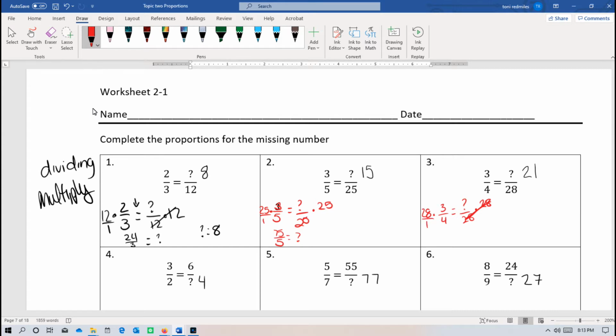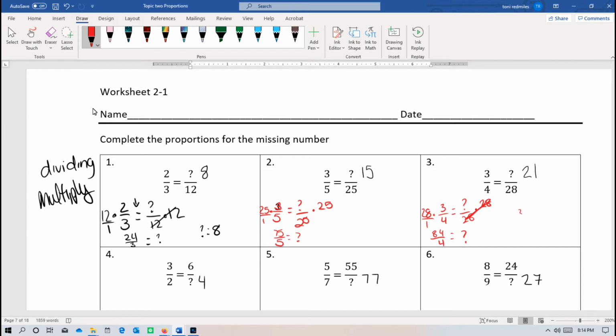What is 28 times 3? Well, let's see. 3 times 8 is going to be 24. Carry a 2. 6, 7, 8. It's going to be 84 over 4. Well, 4 goes into this 21 times.